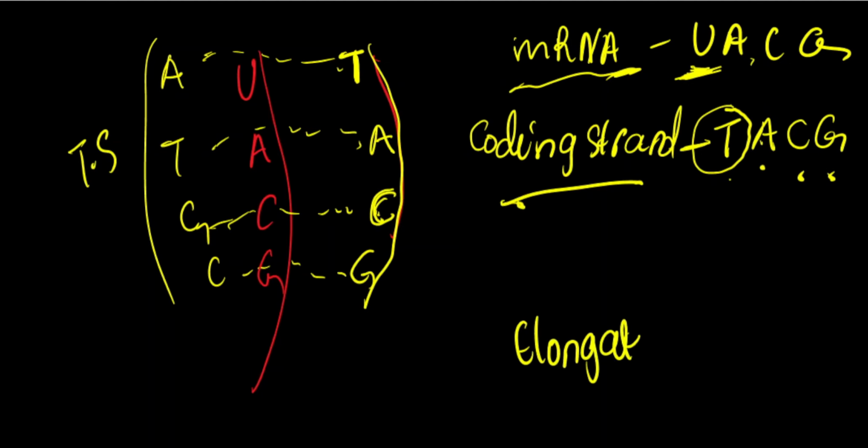Elongation being the next step of transcription, where basically we have kind of like a growing mRNA. So the mRNA would continue to grow in this fashion until it gets to a terminal signal. Okay, now the terminal signal is that part that would say, okay, stop at page 25 of chapter 4. That is the terminal signal.